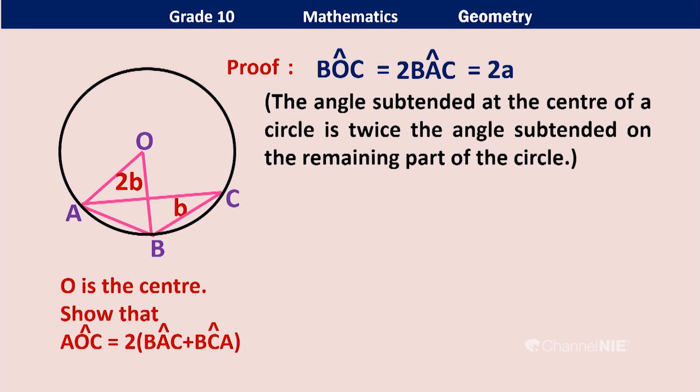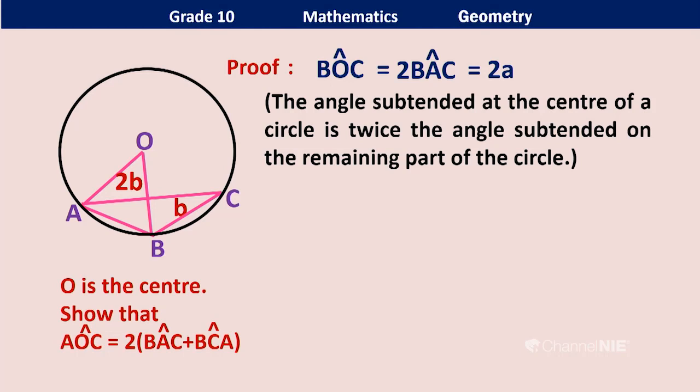Angle AOB is the angle subtended by the minor arc AB at the center of the circle, and angle ACB is the angle subtended by the same minor arc at the remaining part of the circle. Therefore, if angle ACB is considered as simple B, angle AOB should be considered as 2B.